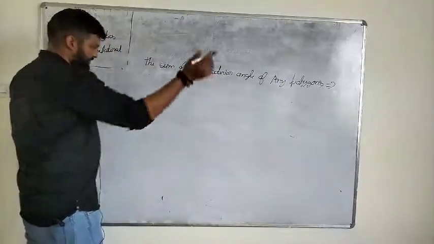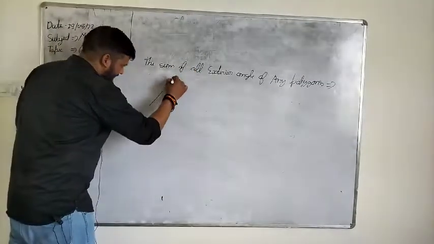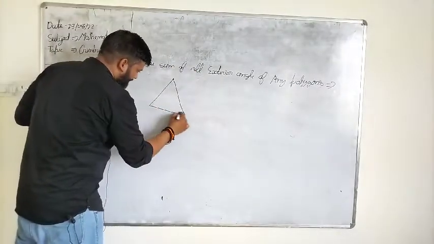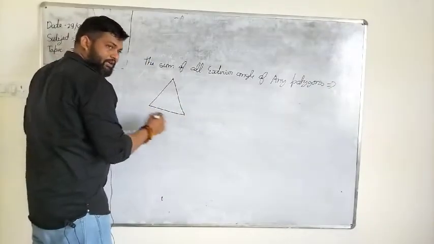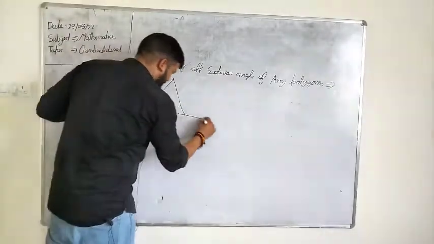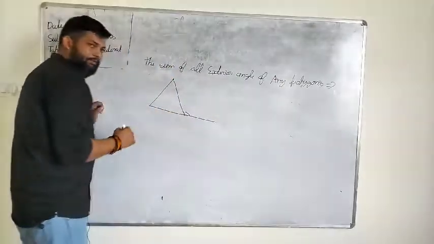First we will start with what an exterior angle is in any figure. We will start from a triangle. If we produce one side, an exterior angle forms.